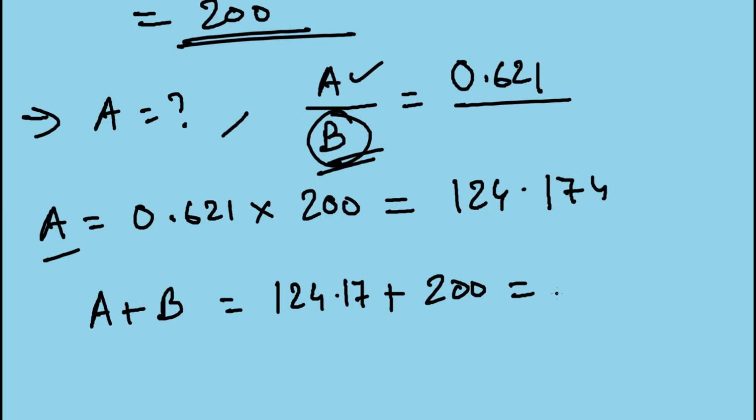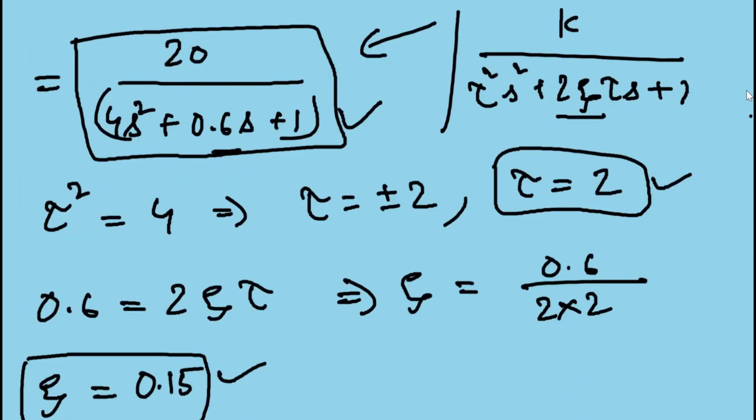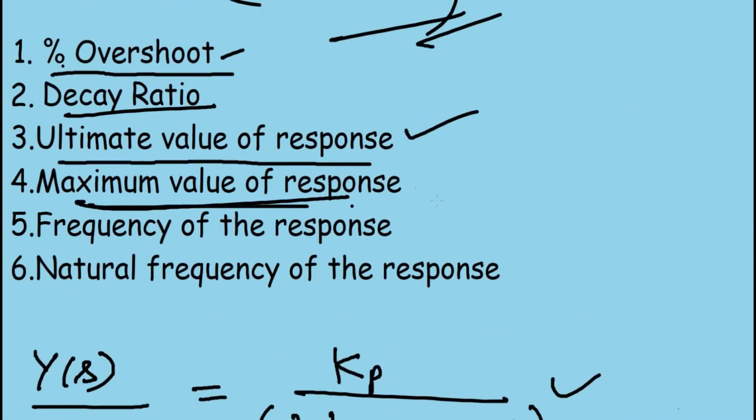This will give me my maximum value, that is 324.174. So this is the maximum value, 324.17. I have calculated the maximum value, and I have calculated the ultimate value also.